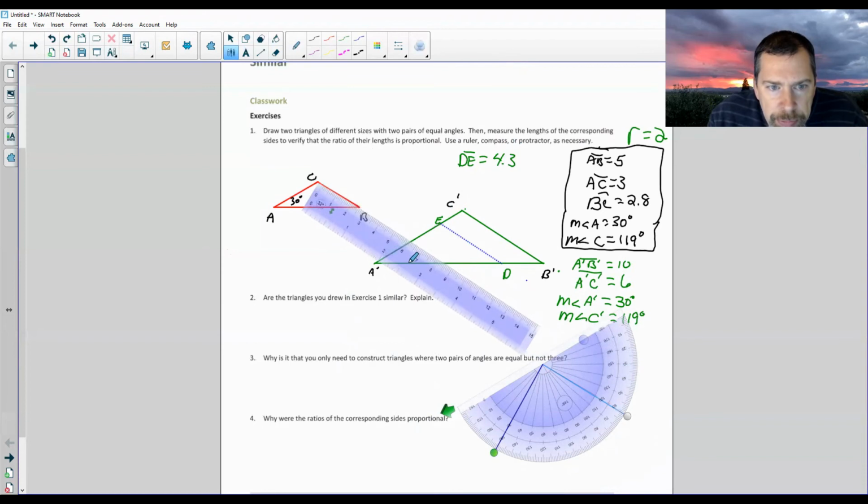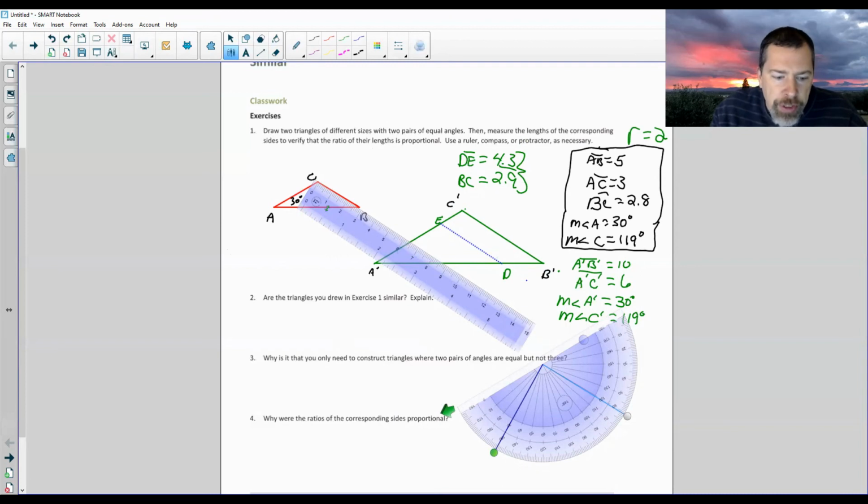And if I measure CB, that is 2.9. So BC equals 2.9. So here is our scale factor of the triangle that doesn't include this big side, but this dashed side.